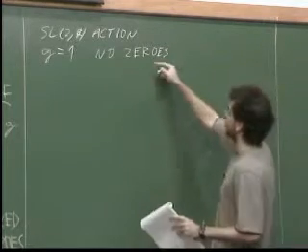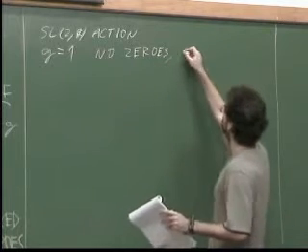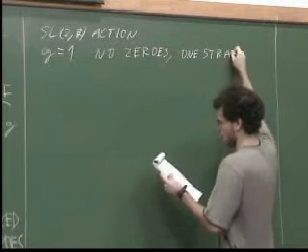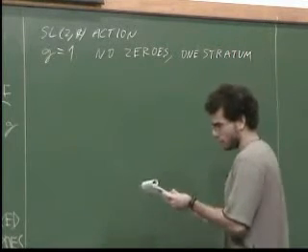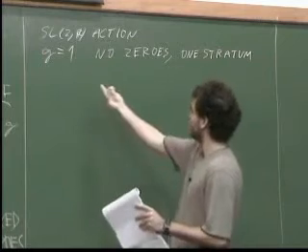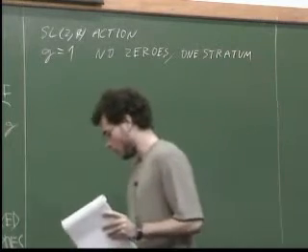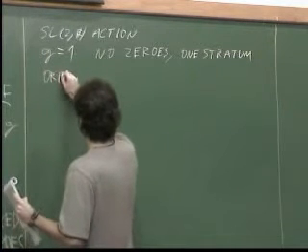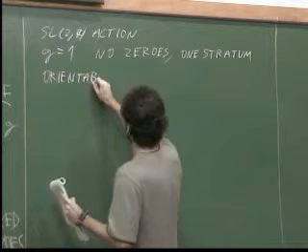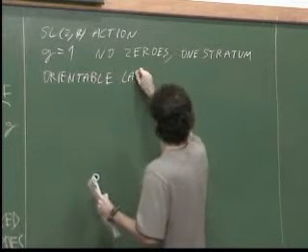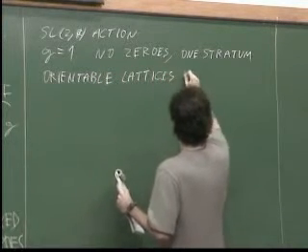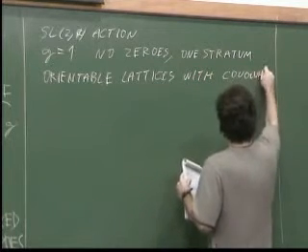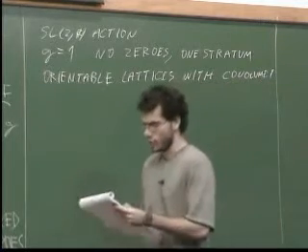And in this case, since there's no combinatorics of zeros to consider, there's only one stratum. And what is it? Well, it's a space of tori with polarization. This gives the same as the space of oriented lattices with covolume 1, because the volume of the torus is 1.